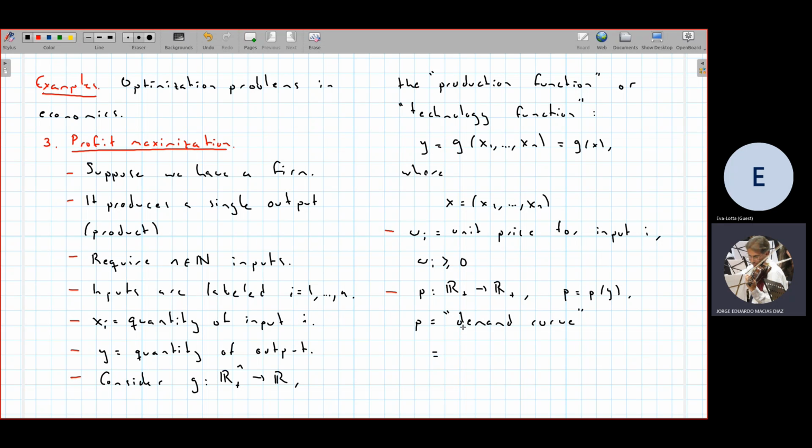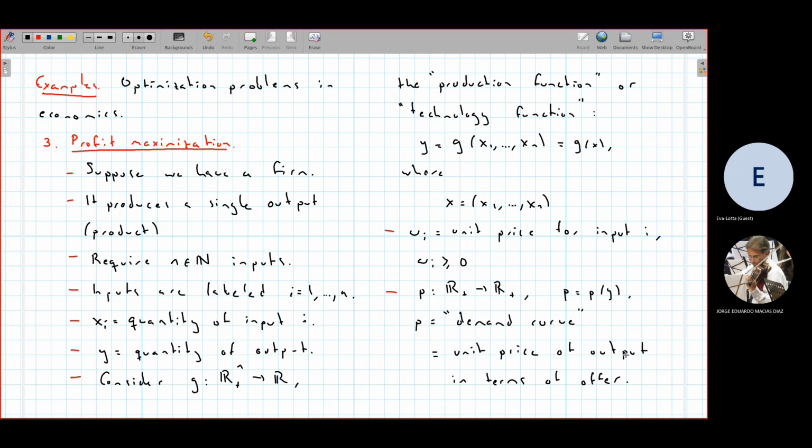Now, what is this going to represent? This is going to represent the price of the output, the unit price, in terms of the offer. Okay, this is all the notation.